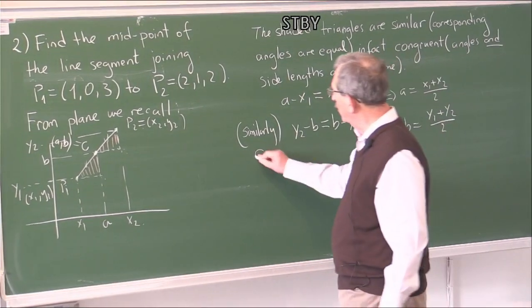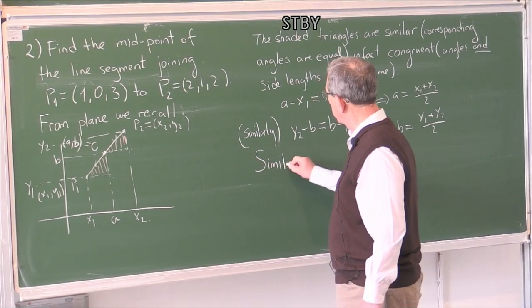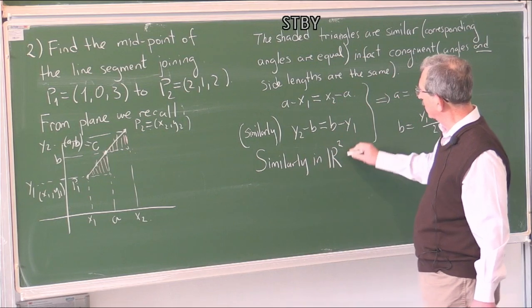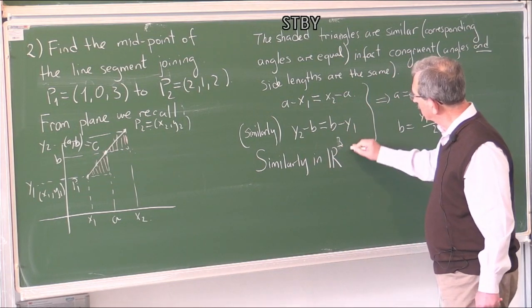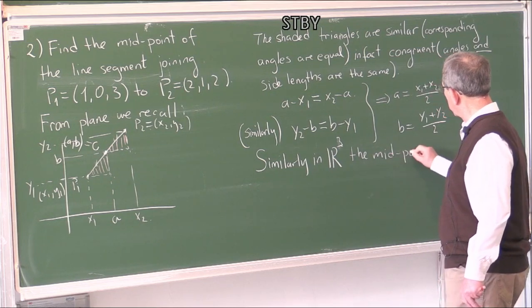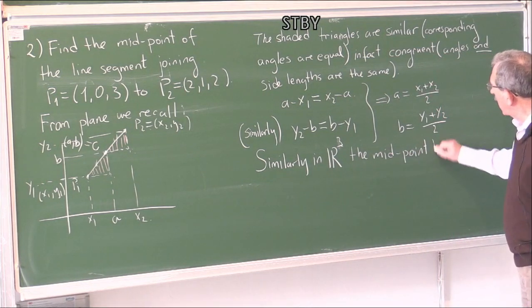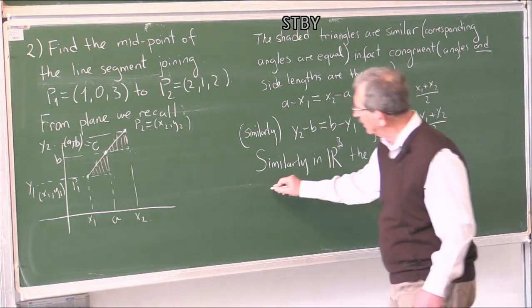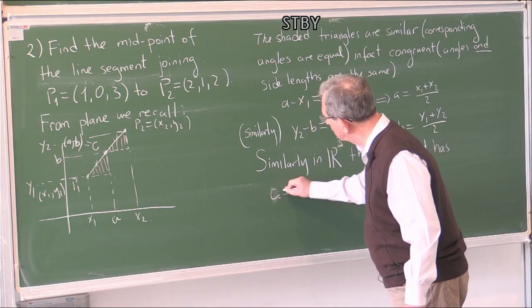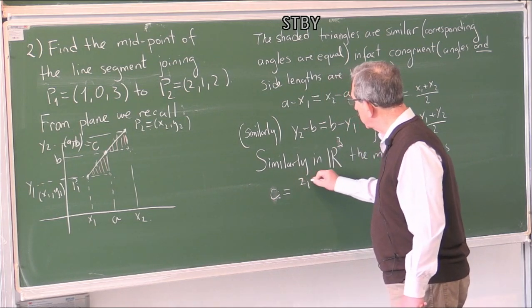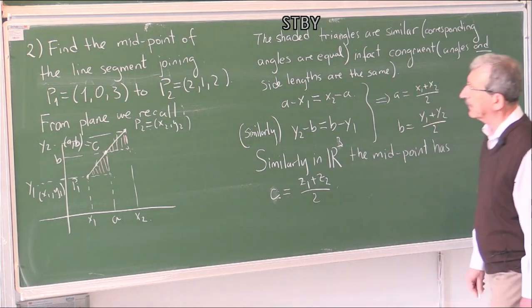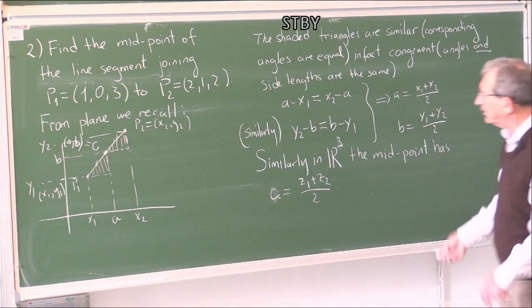And so, similarly in R3, the midpoint has z coordinate, which we showed as c, would be (z1 plus z2) over 2. So the rest is trivial.